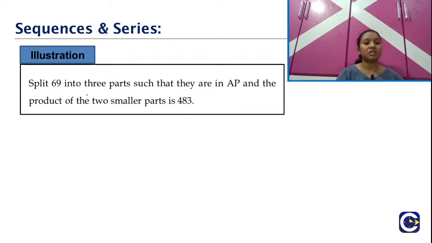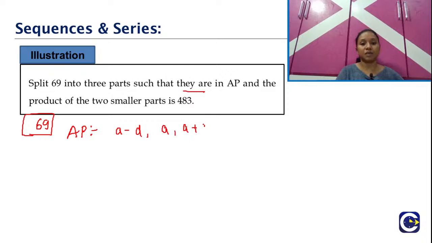Split 69 into three parts such that they are in AP. Here 69 is the number and it must be split into three parts in AP. As it's three parts, our progression is a minus d, a, and a plus d.